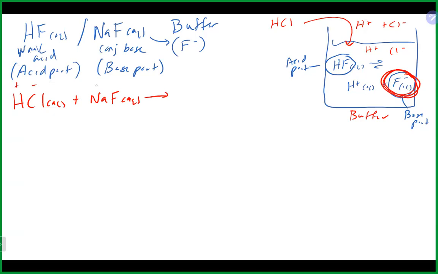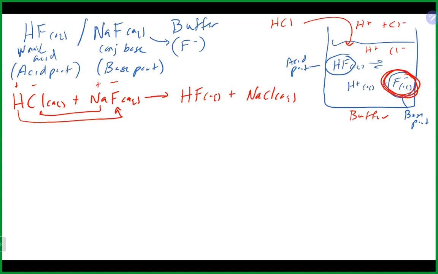That's a positive and a negative, which means these are going to just switch partners. And what we will form on the other side is HF and a little sodium chloride. Any question on that reaction? So we're going to dump this acid in, and the base part of the buffer is going to go into effect and start reacting with it.